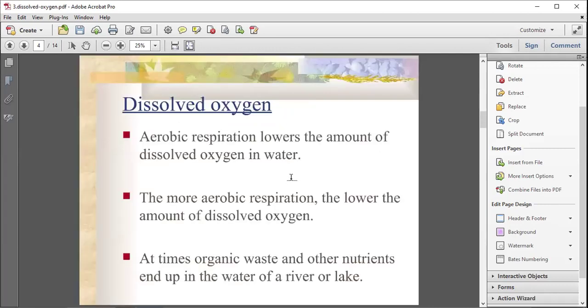Then dissolved oxygen, aerobic: the amount of dissolved oxygen in water. The more aerobic respiration, the lower the amount of dissolved oxygen. At times, organic waste and other nutrients end up in water of a river or lake.